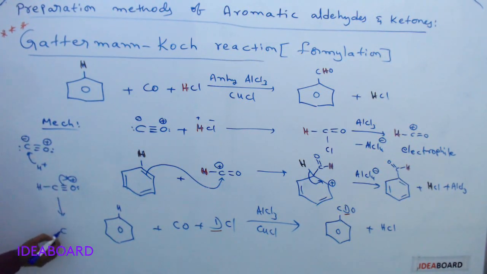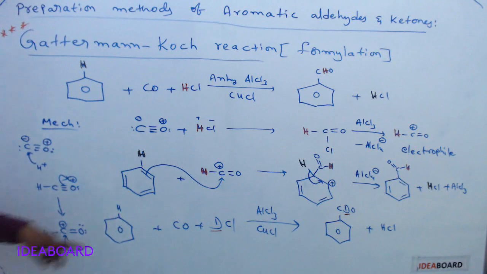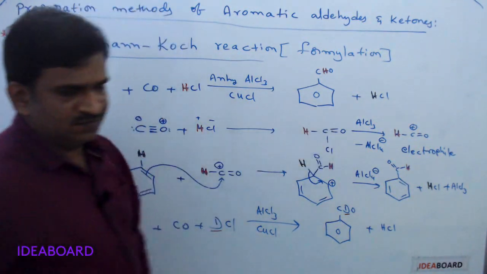So now C is getting a positive charge because it is losing an electron. So H and C double bond O, having a lone pair. Now this is getting another lone pair. So this is the cation actually formed. Now Cl minus attacks again on this carbon atom, so we are getting HCOCl.